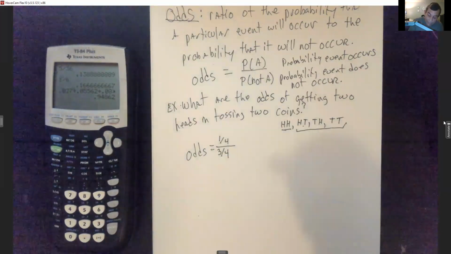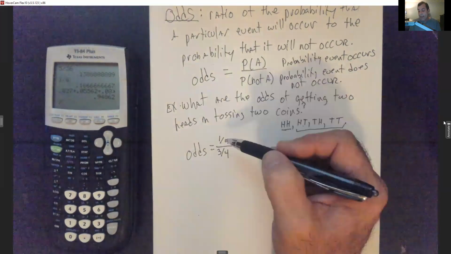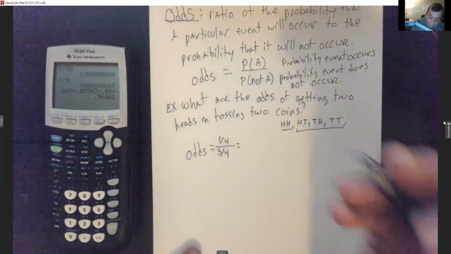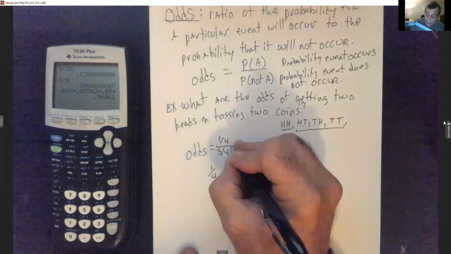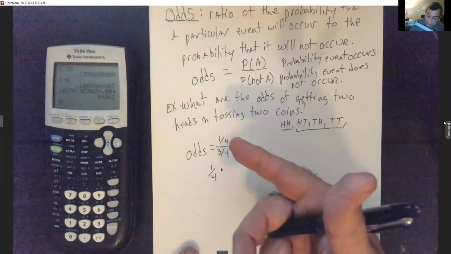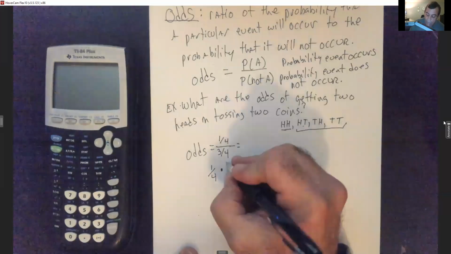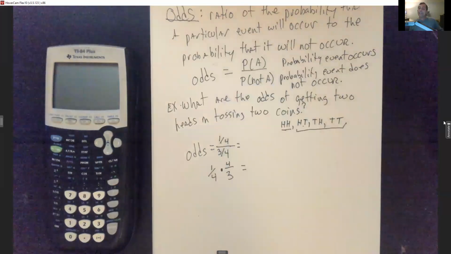So to solve this, since you've got a fraction divided by a fraction, you would take the 1/4, change from division to multiplication, and then flip the second fraction so that you get a 4/3. So remember, when you divide fractions, we change to multiplication and flip the second fraction.